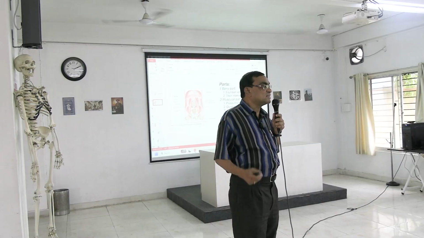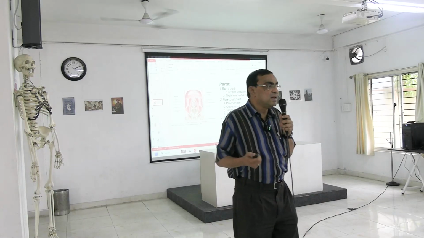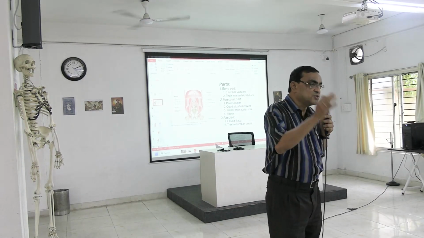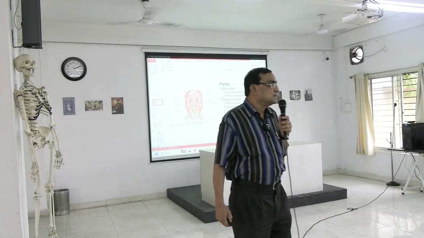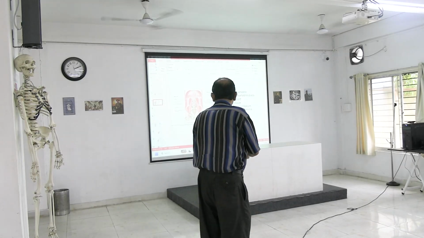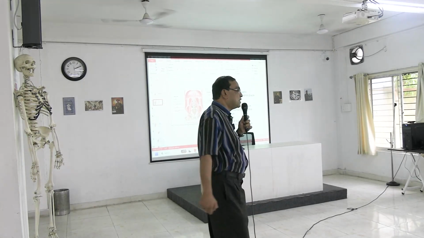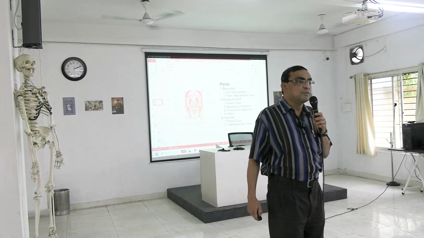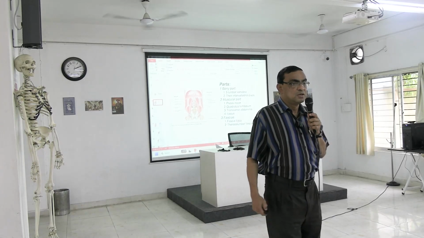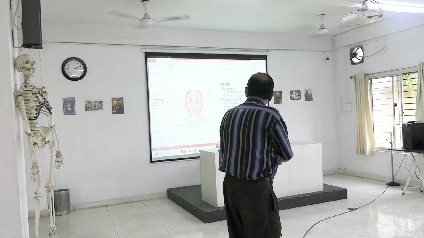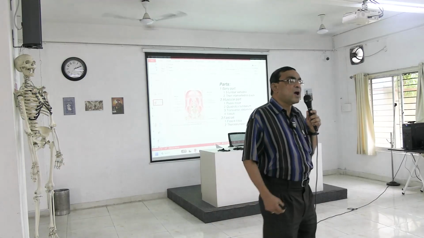There are three layers: anterior layer, middle layer and posterior layer. Gradually we will understand, but just now you can just try to remember this is the anterior layer of the thoracolumbar fascia.